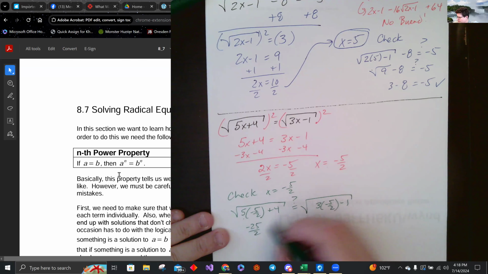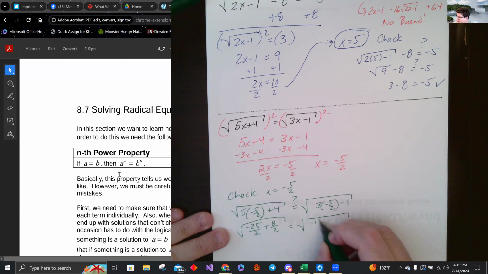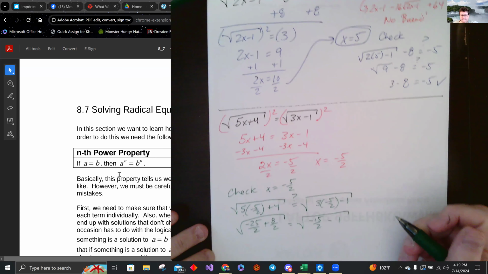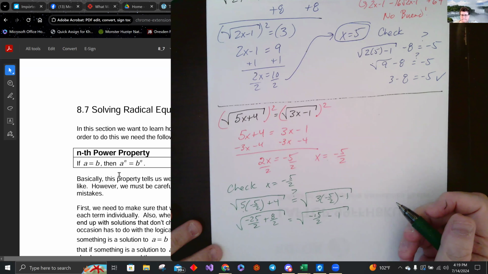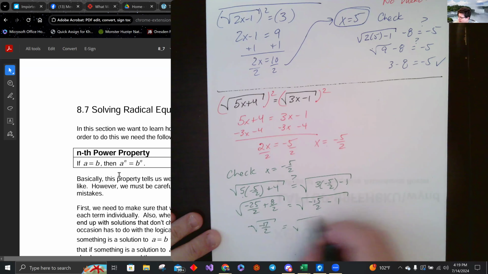If I write this over 2, this is 8 over 2. And over here, I get square root of negative 15 over 2 minus 1. This ends up being square root of negative 17 over 2. And this ends up being square root of negative 17 over 2 also.